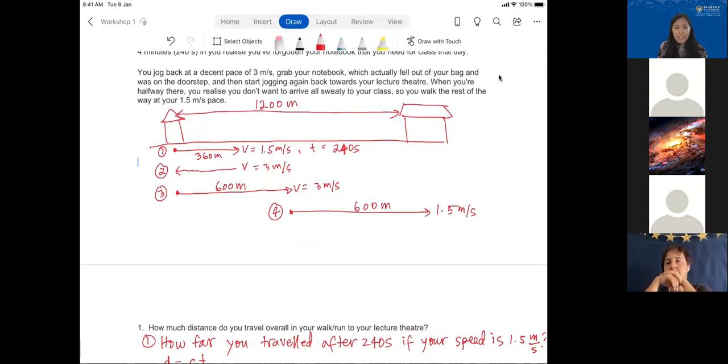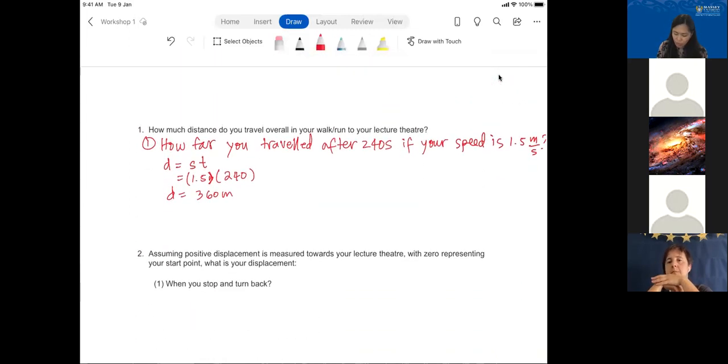Which means that in the second segment, when you went back to your halls of residence, you also traveled 360 meters, okay, the same distance. So the total distance, therefore, is just adding up the distances in each of the segments. The first segment, we've worked that out to be 360.